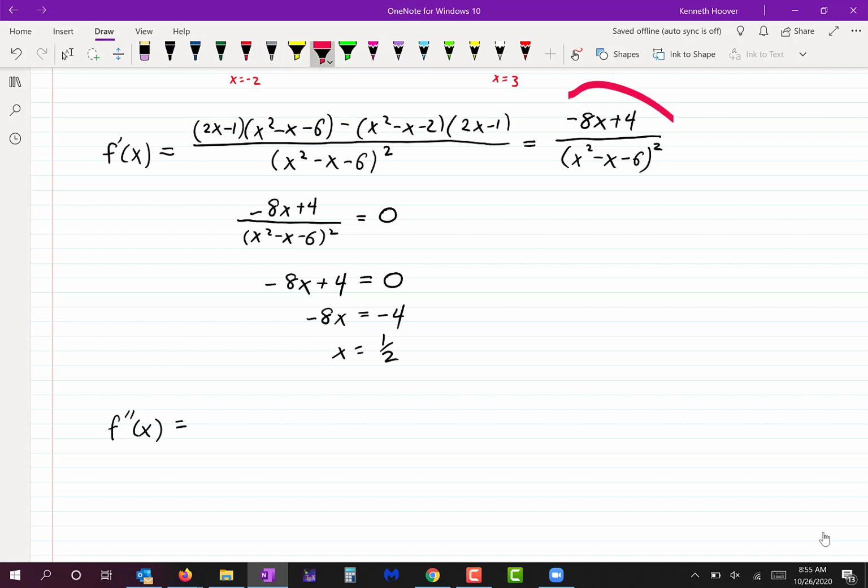So here's f prime. Just find its derivative and that'll be f double prime. So we have the derivative of the top times the bottom, minus the top times the derivative of the bottom.